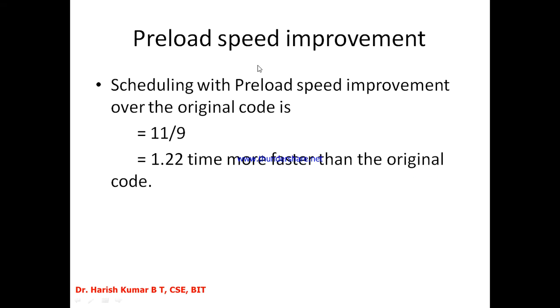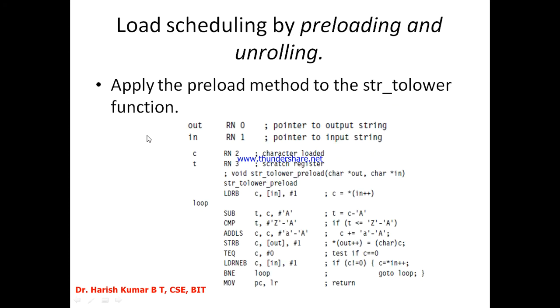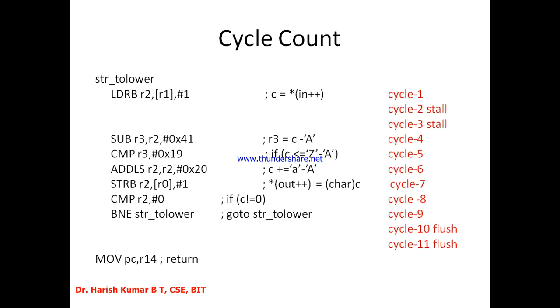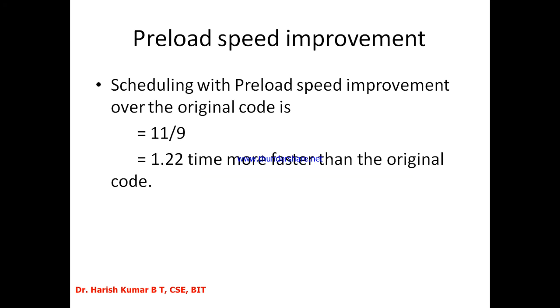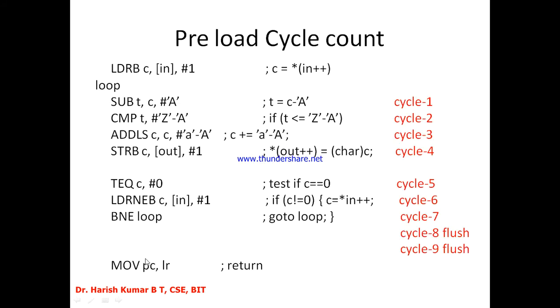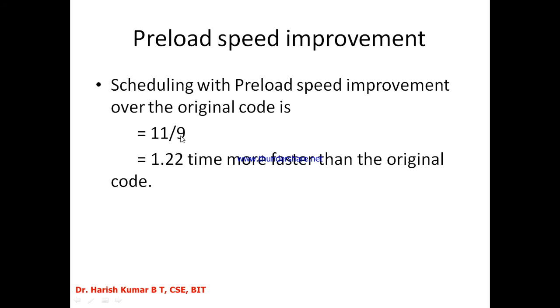Now, the preload improvement, the speed improvement. The original program was taking 11 clock cycles to convert one uppercase letter into a lowercase letter. This was taking 11, and the scheduled program, the optimized code, is now taking 9 clock cycles to convert a single character from uppercase to lowercase.